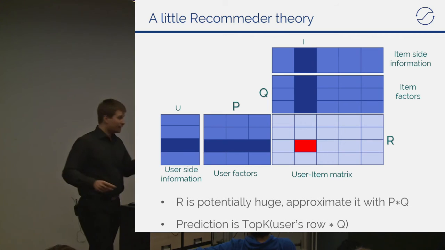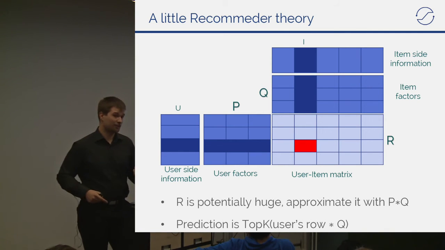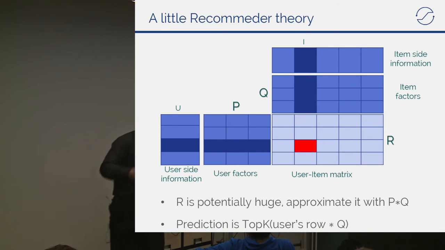Okay, so far so good. Given that you have P and Q, which are the user factor matrix and the item factor matrix with the properties I just described, how do you actually give a recommendation? That's a very important point, because that's what we add at the end in streaming. Think about it: the row of the rating matrix for this user contains all the ratings that this user would have given, supposedly, for all the items if he or she watched or bought them.